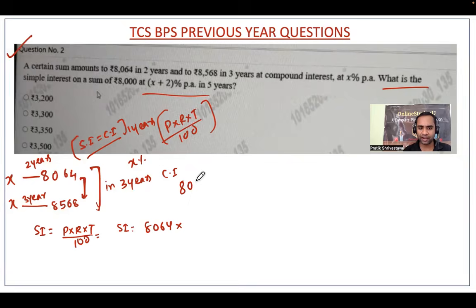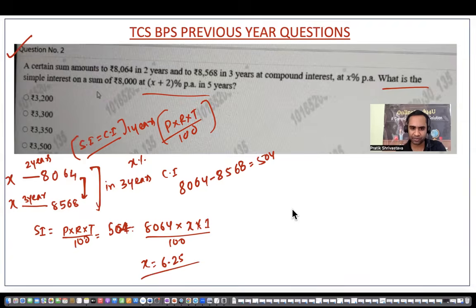In 1 year, it is becoming from 8064 to 8568. That means 504 rupees is the interest. So simple interest is nothing but 504 is equal to 8064, rate is X%, time is 1 year, divided by 100. Now, if you solve, X will be nothing but 6.25.